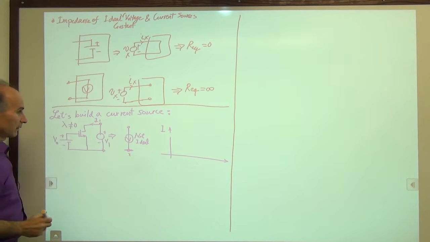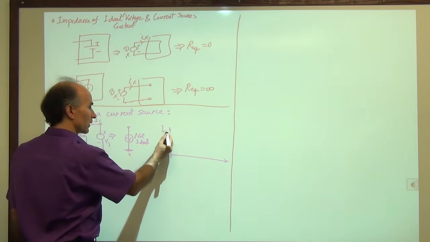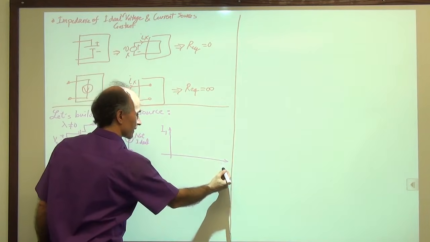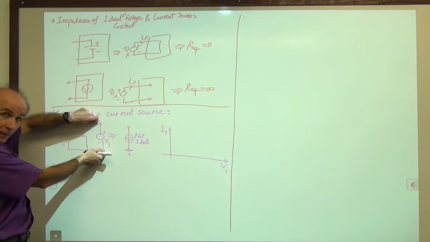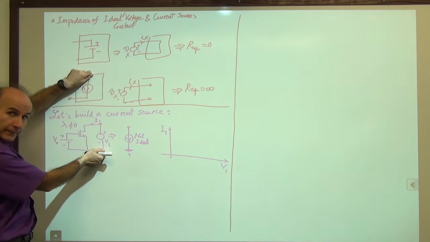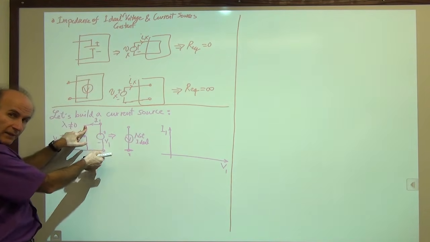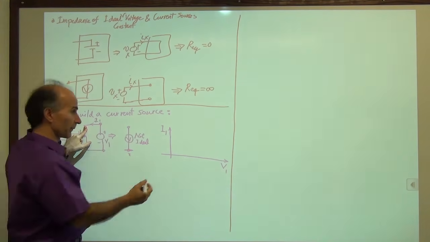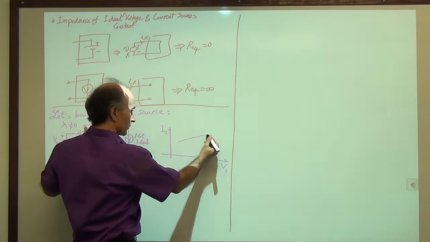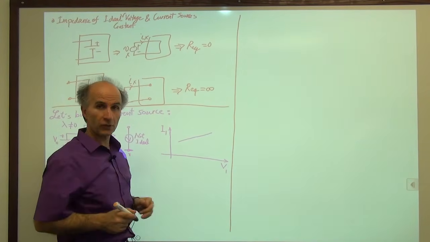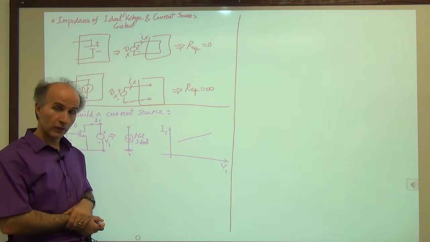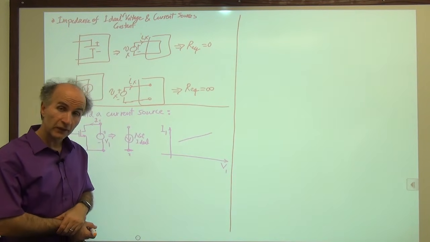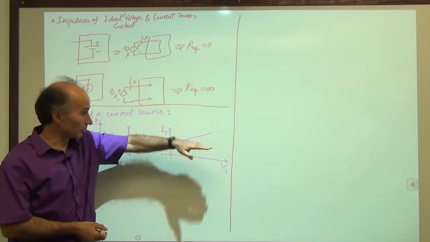So we'll call this V1 and I1. So what we notice is that in this test, as we change this voltage, even in saturation, and we go up, the current is not quite constant because of channel length modulation. So the current goes up to some amount. Maybe I exaggerate a little, but that's what it looks like. All right, an ideal current source would have to generate a constant current regardless of the voltage on it, so it would be flat.